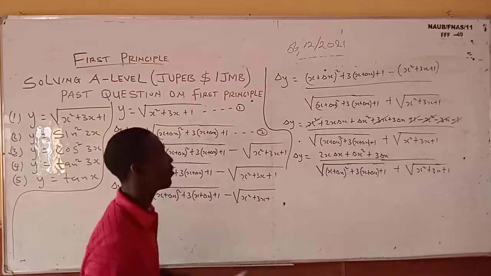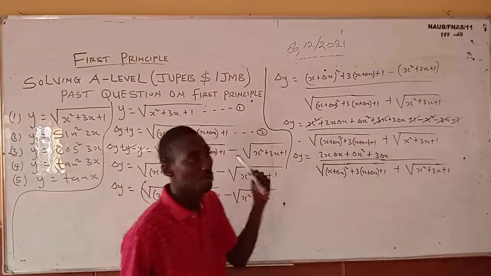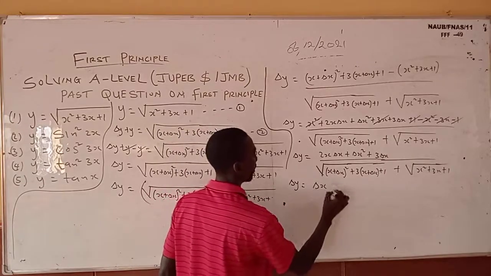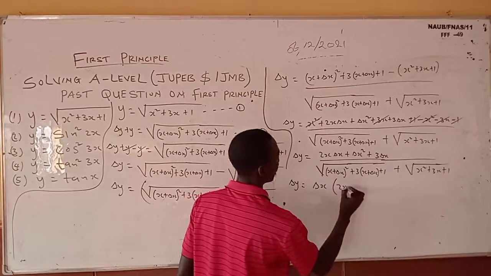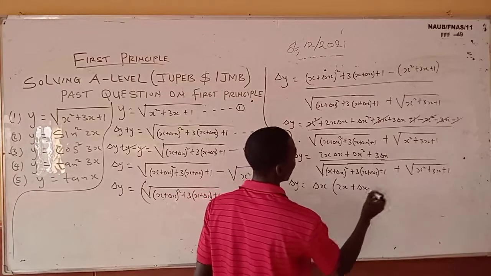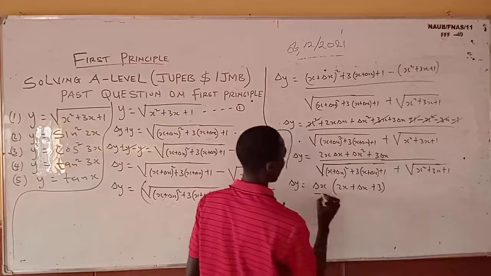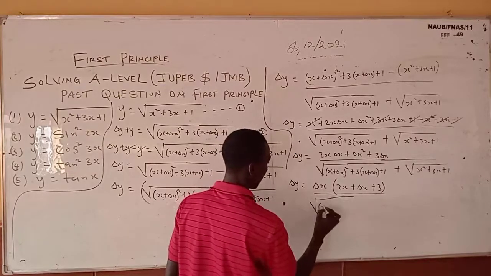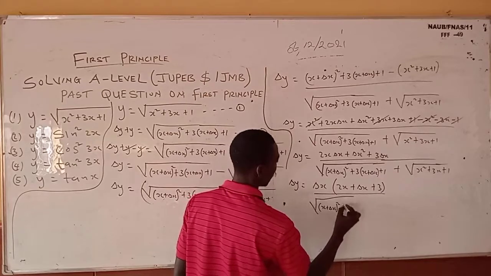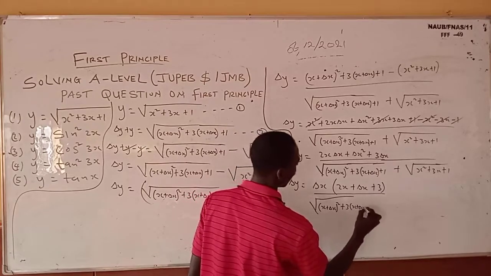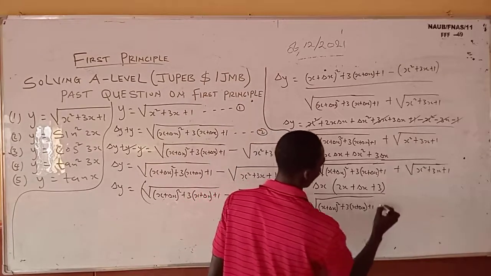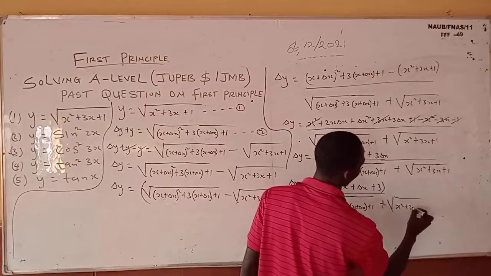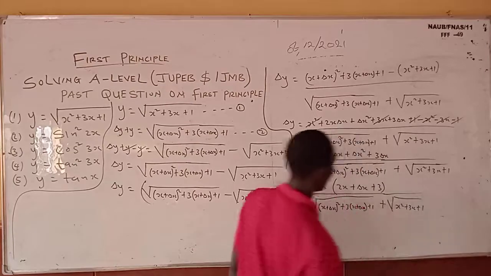I hope you get this. So now if you look at this, you see change in s is common. We factor it out. So now change in y will be equal to change in s into 2s plus change in s plus 3, all over the square root of s plus change in s all squared plus 3 into s plus change in s plus 1, plus the square root of s squared plus 3s plus 1. I hope you get that.